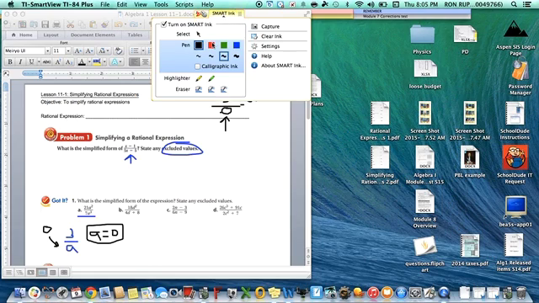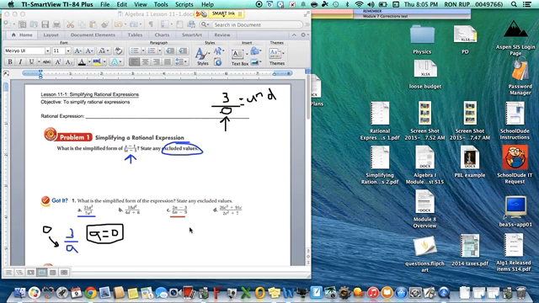So when we look at C like we did, remember, factor where you can: 2n minus 3 over 3 times 2n minus 3.